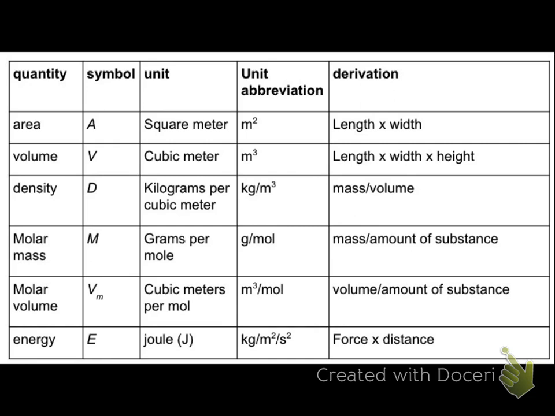And then we get down to energy, which has a pretty complicated unit. You can see the unit here is kilograms times meters squared per second squared. And that is because force is in newtons, which is kilograms times meters per second squared. And then we have also distance, which is meters. So you see how we can take some pretty complicated units and mesh them up to get our derived unit.